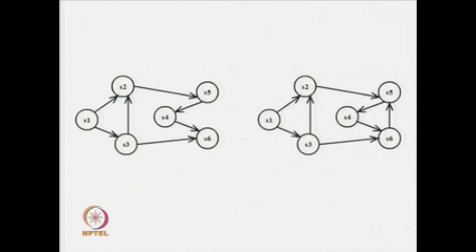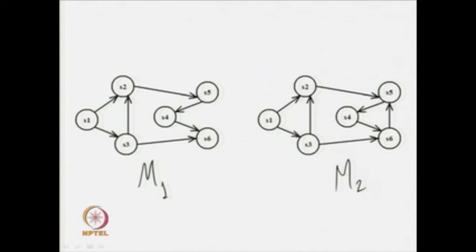Now, just look at this particular model. I am saying this is M1 and this is M2. Are these two models Kripke structures? Both have a similar structure, similar states, and we are talking about transitions only. We are not showing the labeling function here, because we are not talking about the set of atomic propositions.